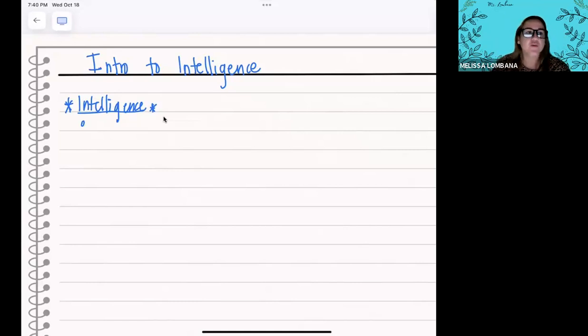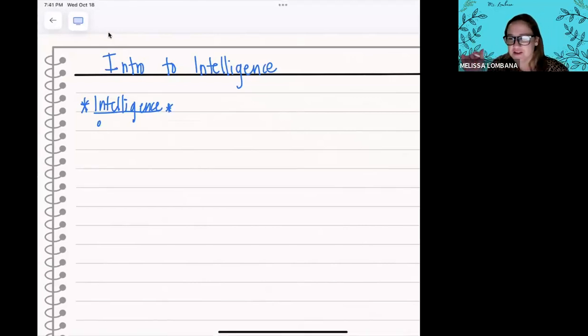Anyway, so intelligence, ready? We're going to write down the information. Intelligence is basically the ability to learn from experience. I love this definition because it really amplifies and changes how we view intelligence. So this is the ability to learn from experiences, solve problems, and use knowledge to adapt to new situations.